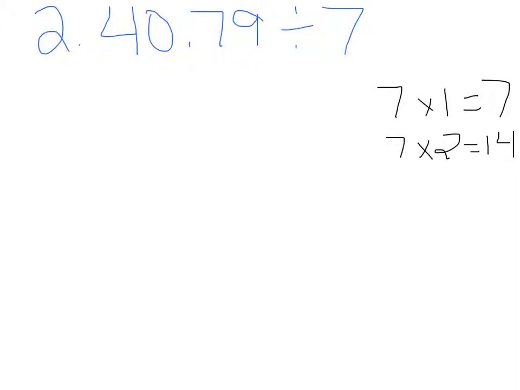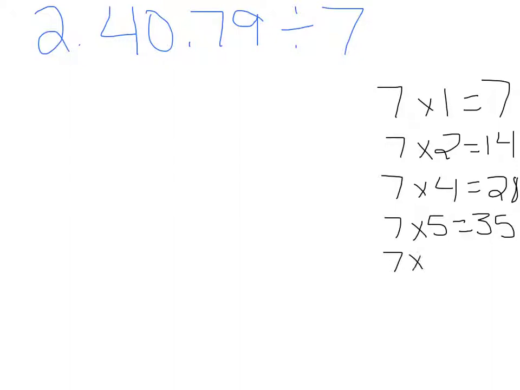So let's try a little higher number. Let's try 7 times 4, which is 28. How about 7 times 5, which gets us 35. So we're getting closer. 7 times 6 is 42.